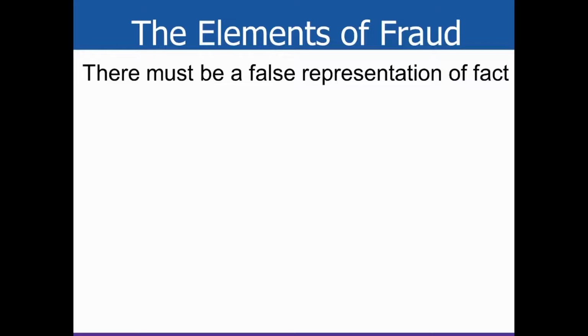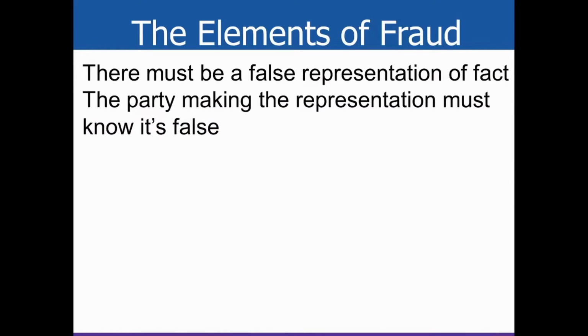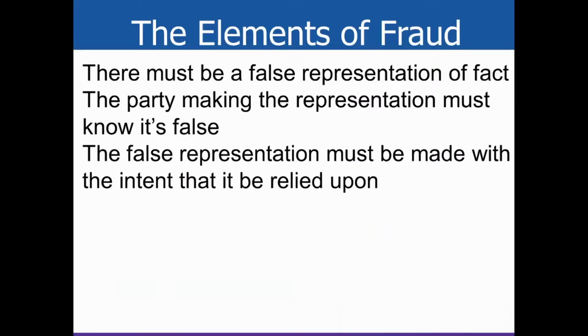First off, there must be a false representation of fact. The party making the representation must know it's false. The reason Dan's getting rid of the camera is because he knows after 10 minutes the camera automatically shuts off, and you have to let the camera cool off. Knowing that, he decides to get rid of it, but doesn't tell me that. So he must know that to be true.